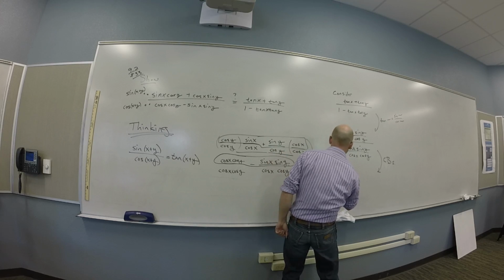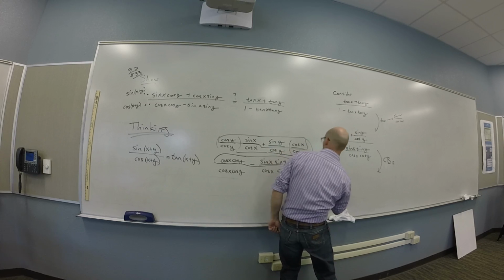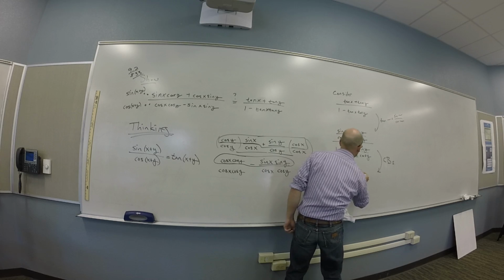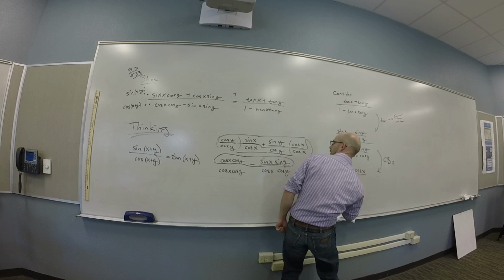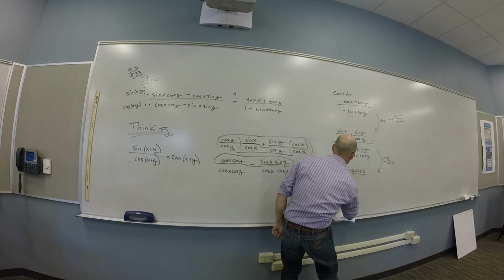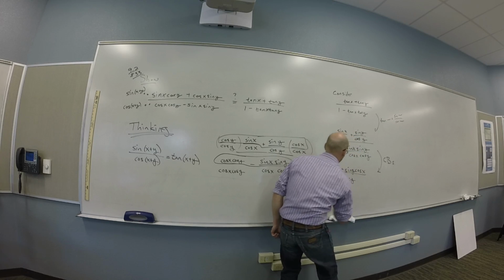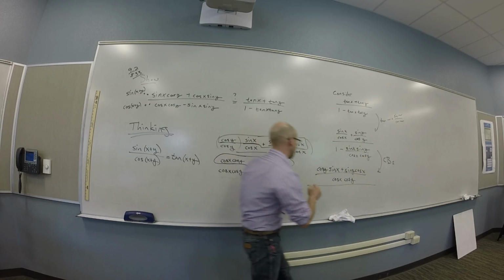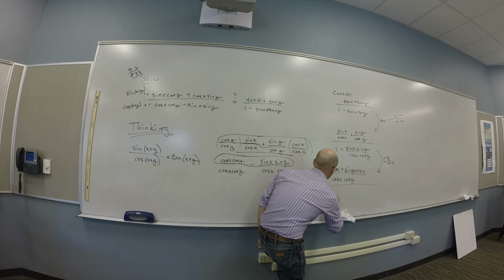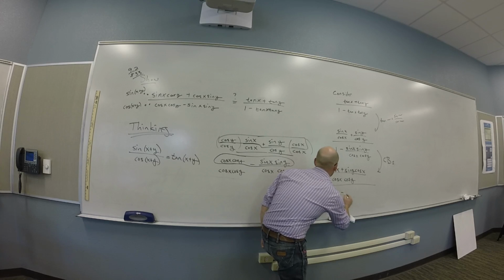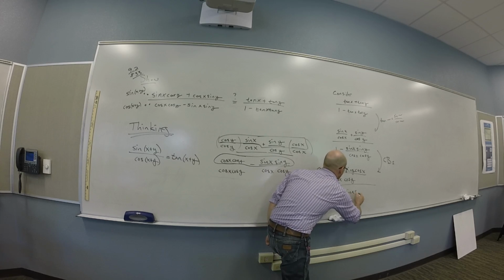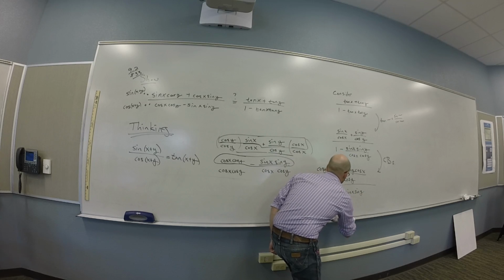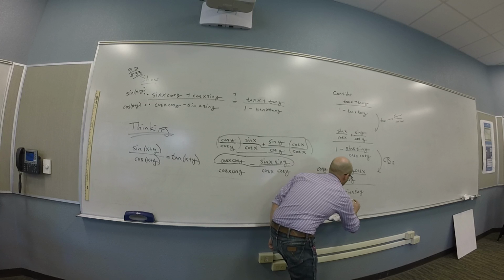So I got sine x with a cosine y plus sine y with a cosine x, and that's all going to be over the top of cosine x cosine y. And then all of that's over all of cosine x cosine y minus sine x sine y, all over cosine x cosine y.